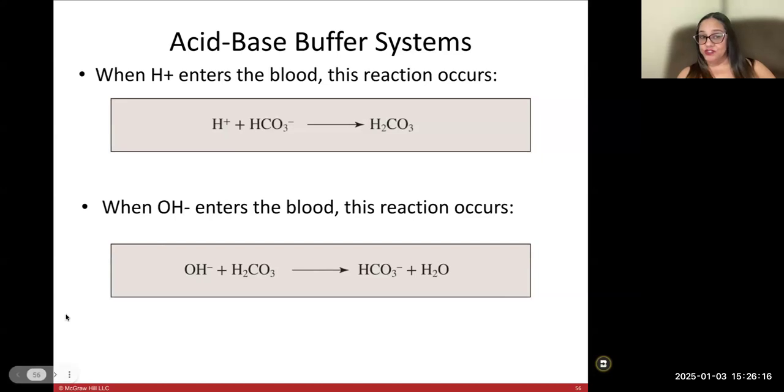So when too much hydrogen enters the blood, this reaction occurs. Hydrogen combines with bicarbonate to make carbonic acid. When hydroxide enters the blood, the opposite reaction occurs. Hydroxide mixes with carbonic acid, and those bonds get broken and rearranged to make bicarbonate ions and water.